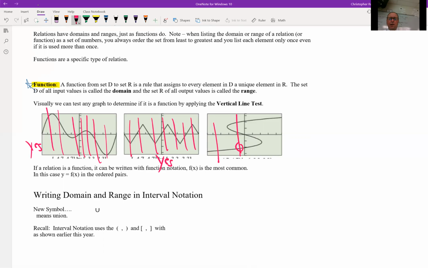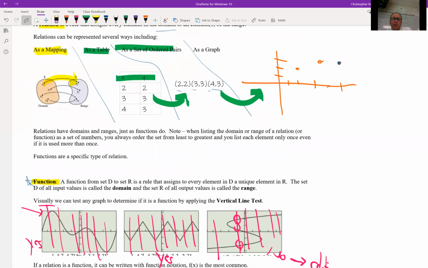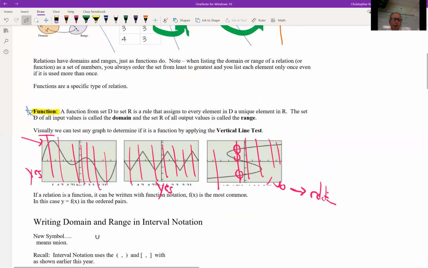But remember, I'd have to test the whole way across and have it pass. So this one is not a function. So what could we call it? This is still determined to be a relation because it is a set of ordered pairs. If we have the graph visually, this is the easiest, fastest way to deal with it. We just want to review those definitions up above, and get a little practice with those ordered pairs.